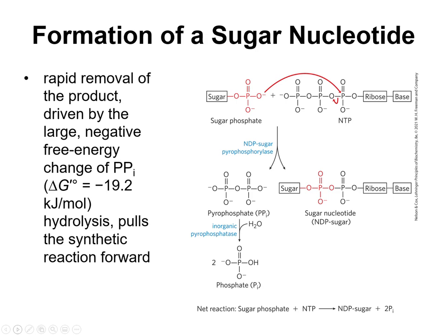So let's say that we've got a sugar with a phosphate on it, and we have some type of nucleotide. What we're going to do is, one of the oxygens on the phosphate is going to attack here. And you're going to liberate pyrophosphate, and you're going to make a sugar nucleotide. So that's a diphosphate, because remember we've got two phosphates.